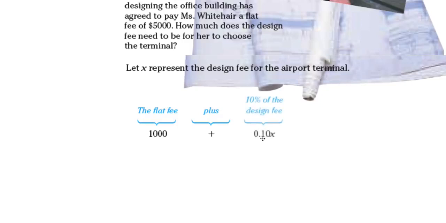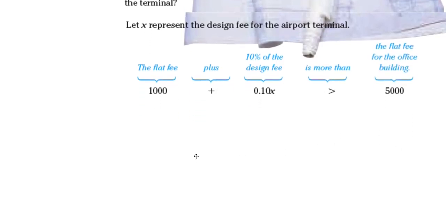So you have your flat fee of $1,000 plus 10% of the design fee, and 10% is 0.1 as a decimal, so 0.1x, is more than, obviously, the flat fee of the office building, which is $5,000.